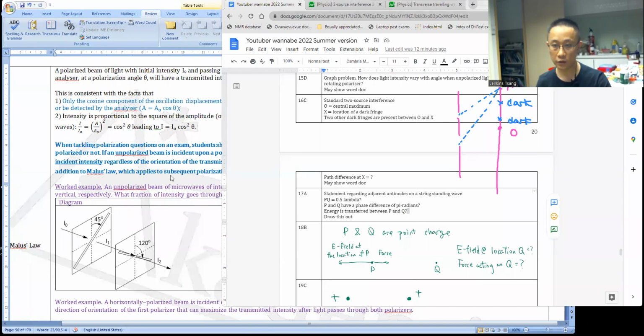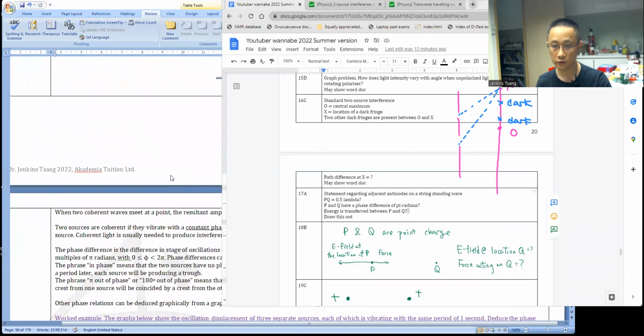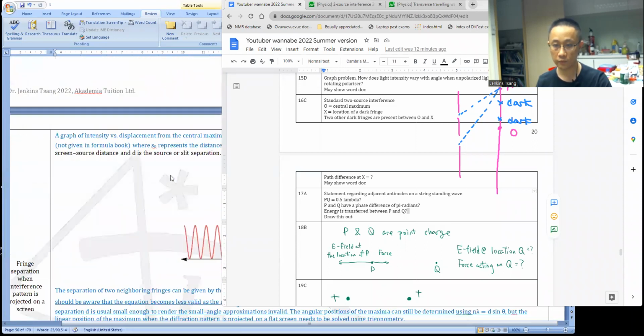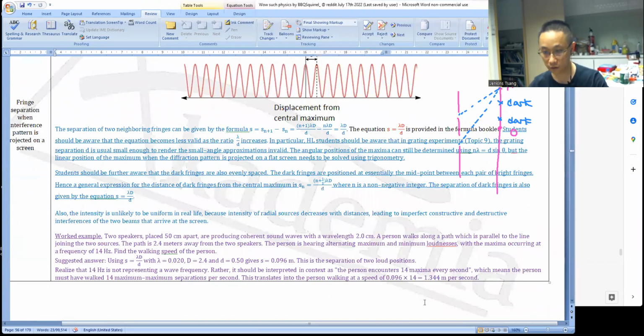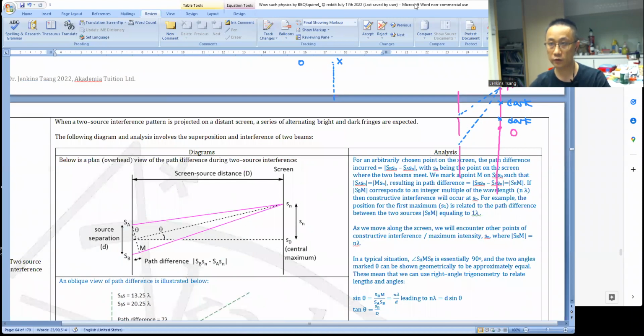And if you guys are familiar with two source interference, you should be able to associate O and X with the central maximum, and then this other point on the pattern. This other point on the pattern is due to the waves arriving at the screen with 2.5 wavelengths of path difference.